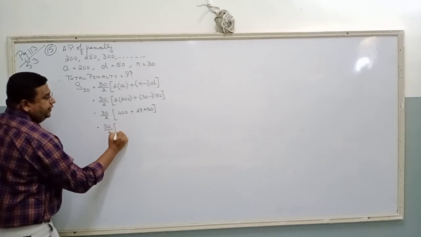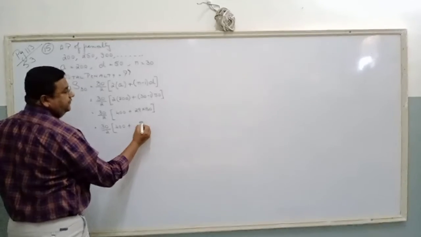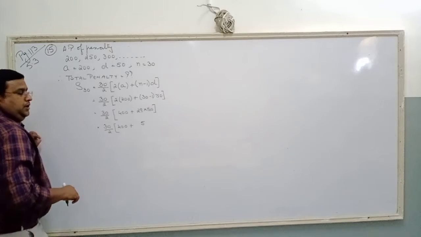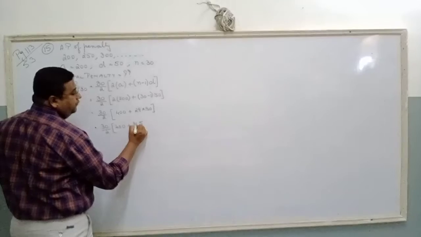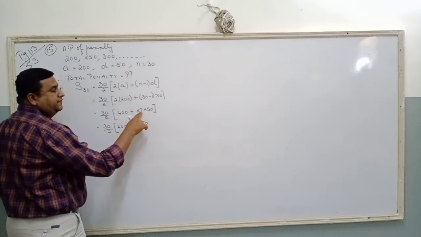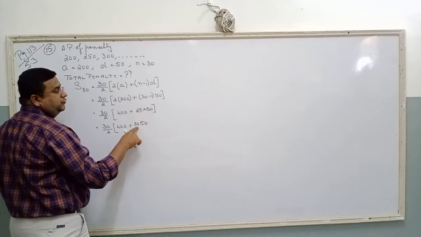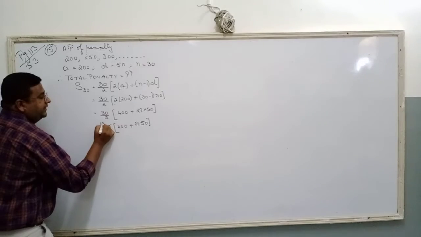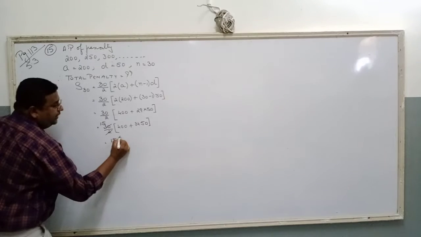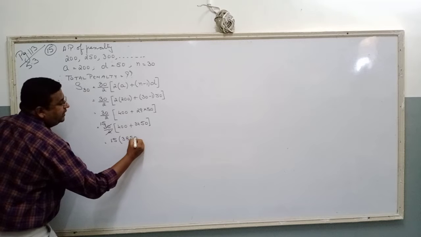Can we simplify? 30 by 2 into 400 plus 29 into 50. 5 nines are 45, carry 4, 5 twos are 30 and 4, 34, and 0, so 1450. 2 15s are 15, so 15 into 400 plus 1450, that is 15 into 3850.